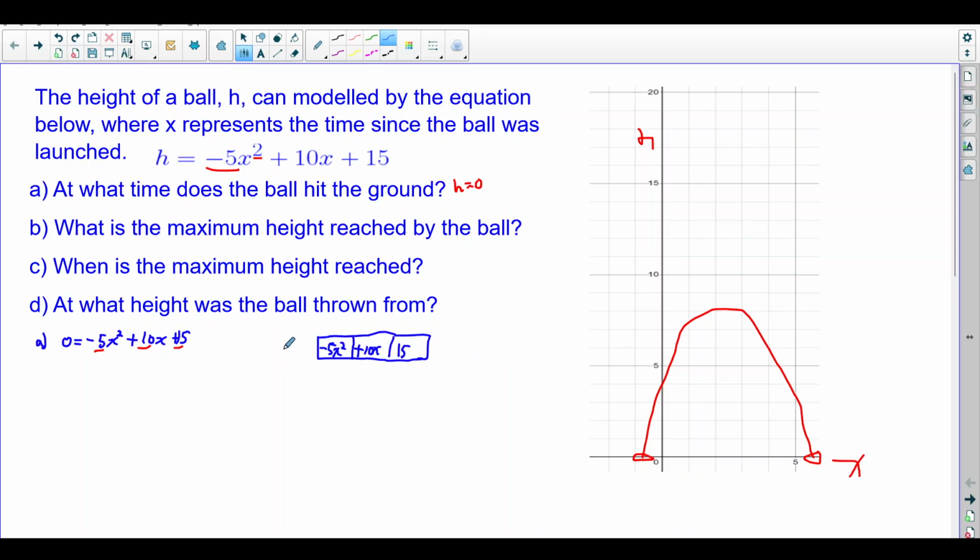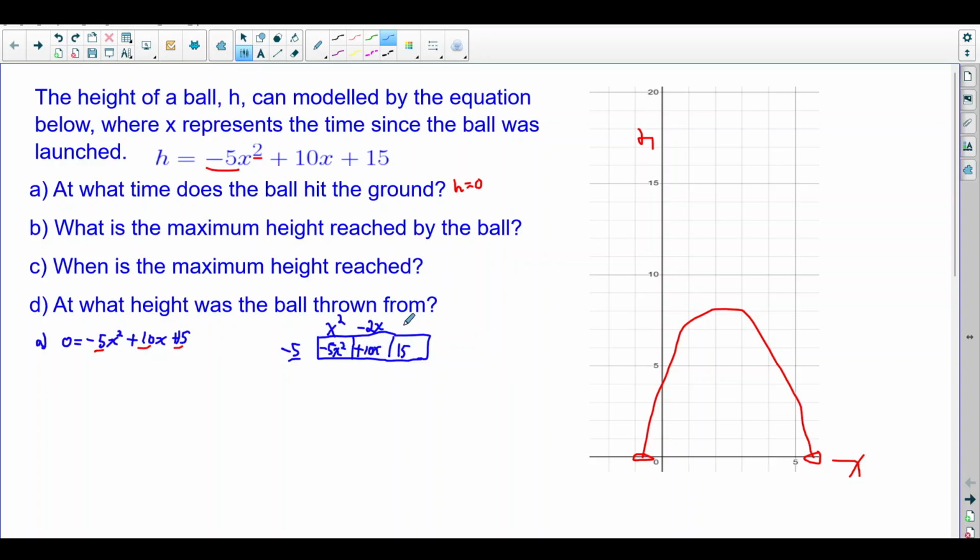So as we said, there's a negative 5 that's common to all three of those terms, so we'll factor it out. Negative 5 times what value up here has to give us negative 5x squared? This will have to be an x squared. Negative 5 times what value up here has to give us a 10x? So negative 5 times negative 2. Be careful of the sign there. Negative times a negative will give us that positive.